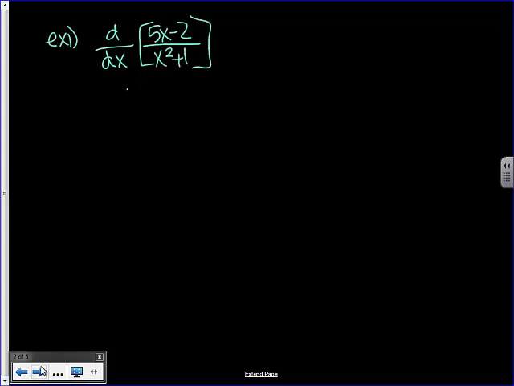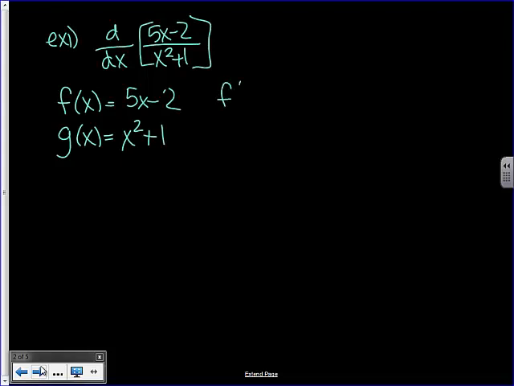So again, I'm going to write out my chart like we did in class yesterday. F of x, in this case, is 5x minus 2. G of x is x squared plus 1. F prime of x is 5. G prime of x is 2x. Okay, so bow de toe.